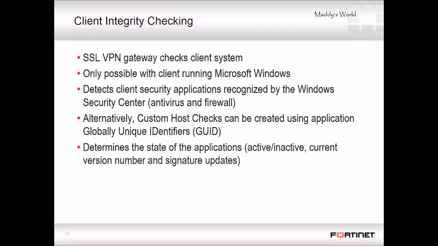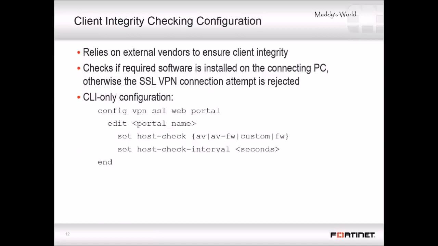Alternatively, the feature can also be customized to check the status of other applications by using their globally unique identifier or GUID. The GUID is a unique ID in the Windows Configuration Registry that identifies each Windows application. Client integrity can also check the current software and signature versions for the antivirus and firewall applications.